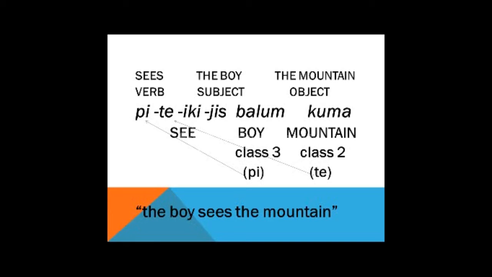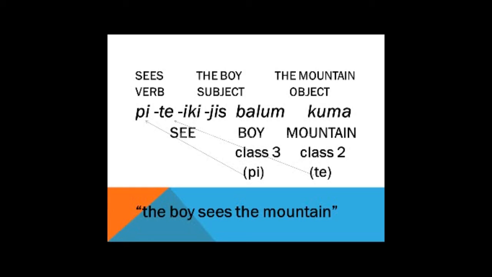The verb comes first. So you have first the verb pichiyikiyis, then you have balum, balum meaning boy. Balum is the subject of the sentence. It is performing the action of the verb. It is the boy that is seeing, right? Doing the seeing. The noun balum, boy, fits into noun class 3, for which the prefix is pi.